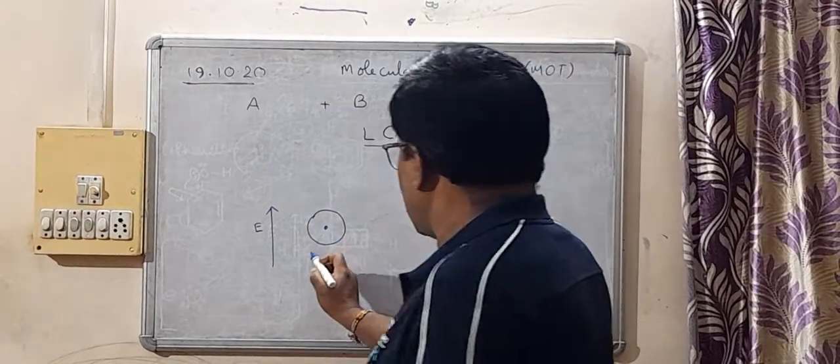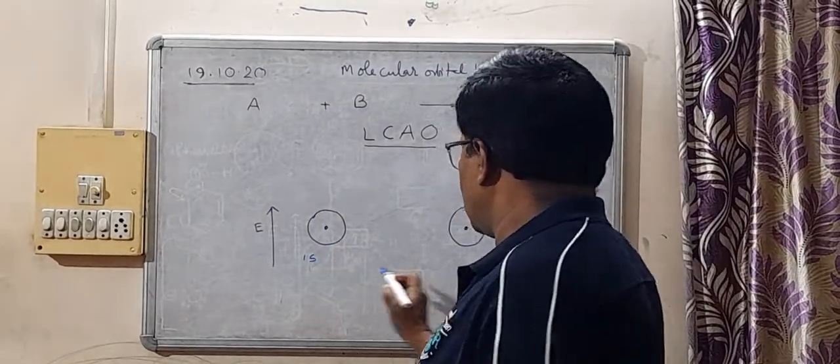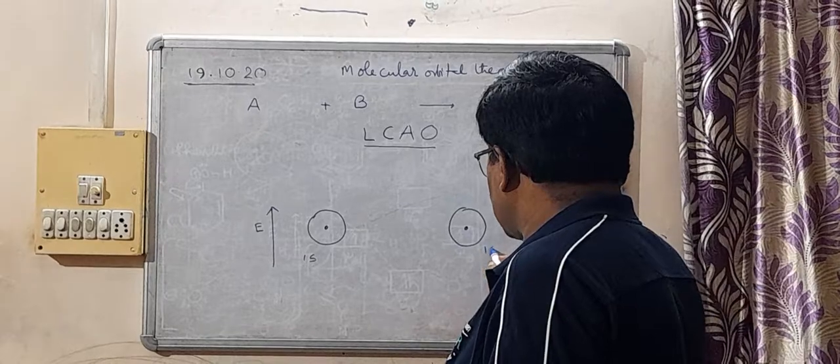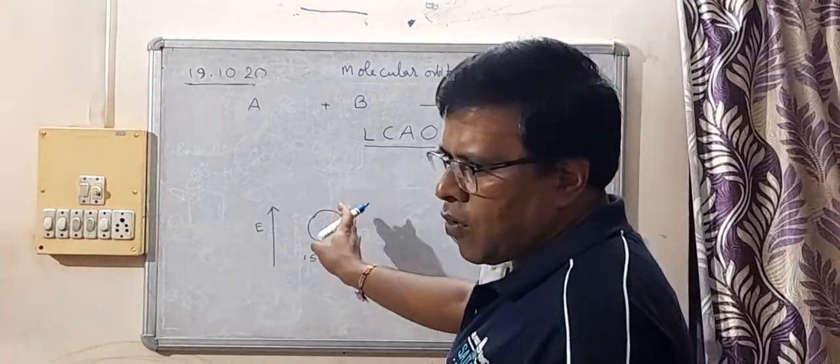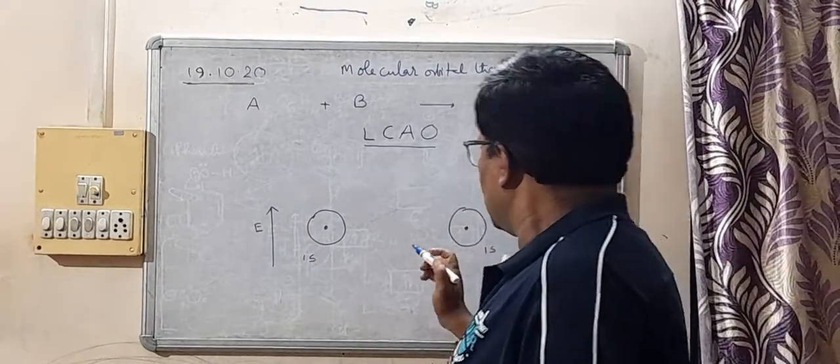So this is our 1s orbital. This is also our 1s orbital. This is of one atom. This is of another atom.